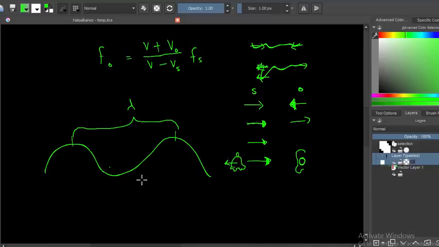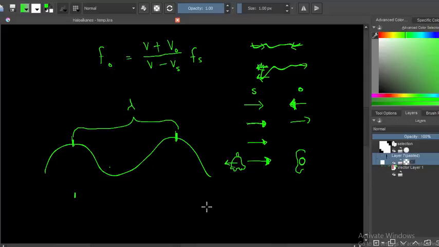Okay, so if something is traveling away from us, then this point and that point will be stretched out, because the moment this point was emitted, if this was stationary, then by the time this point is emitted, that would be the wavelength.